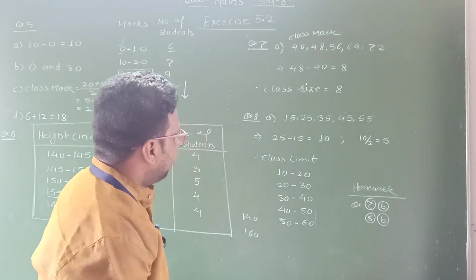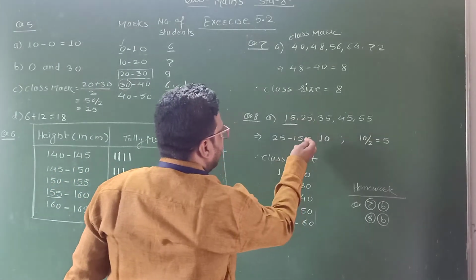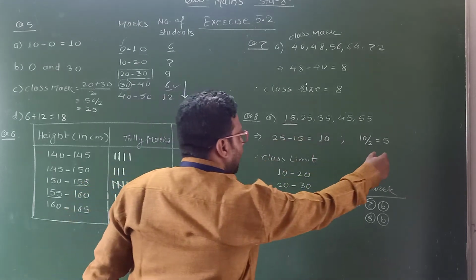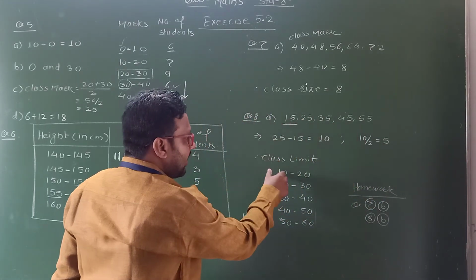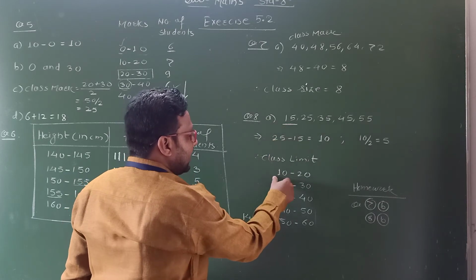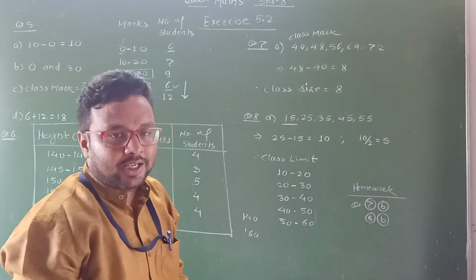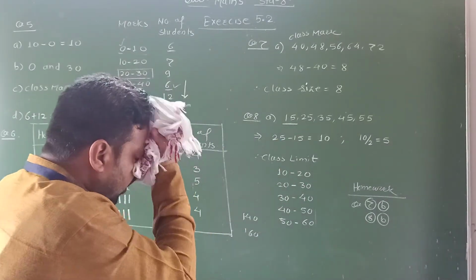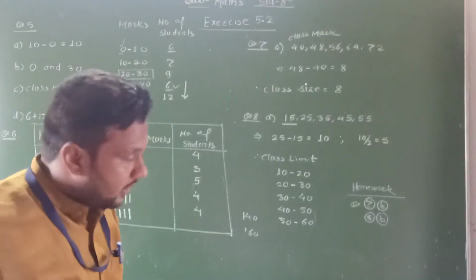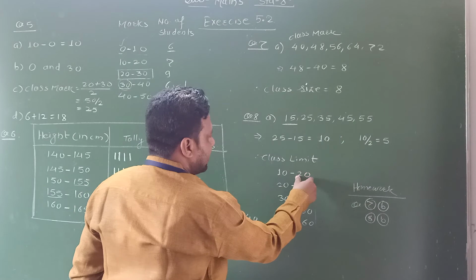Okay. Then what do we have to do? To find the class interval for this class mark, you have to subtract 5 from it, and you will get the lower limit of this class interval, and then add 5 to 15, and you will get the upper limit of this class interval. Then for this class mark 15, the lower class limit is 15 minus 5, that is 10, and 15 plus 5, that is 20.